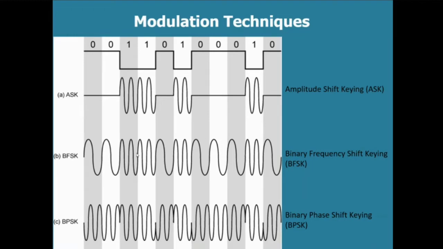In the formatter block, first you convert your analog signal into digital by means of sampling. The first step is discretization in time, which is known as sampling. The output of the sampler is given to a quantizer, where continuous amplitude is converted into discrete amplitude. That is the quantization concept.